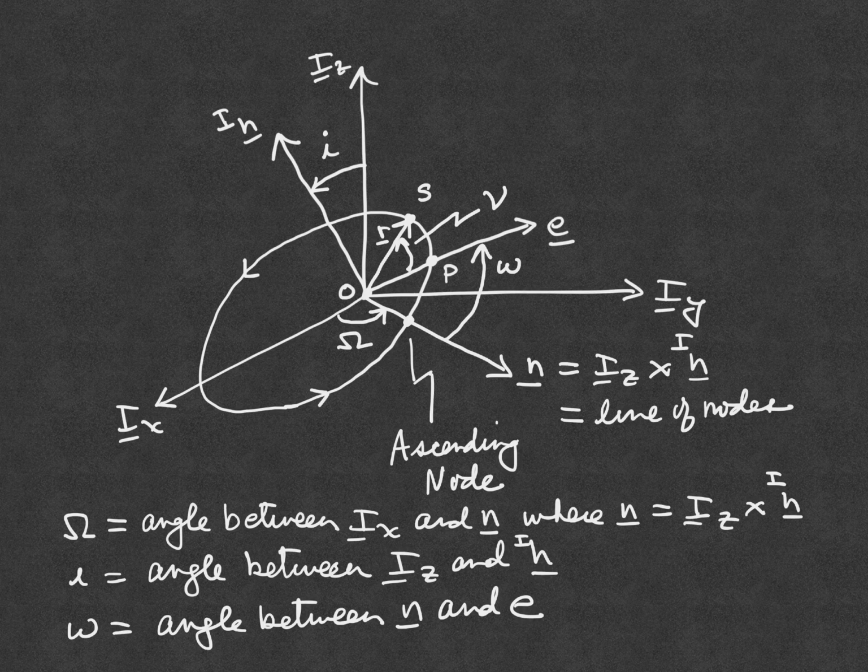So these are the three angles that I'm focusing on. These angles are the ones that form a 313 Euler angle sequence. So this is a 313 Euler angle sequence.